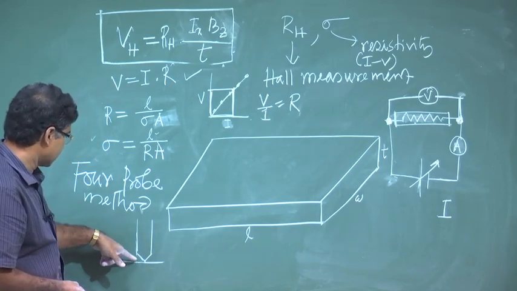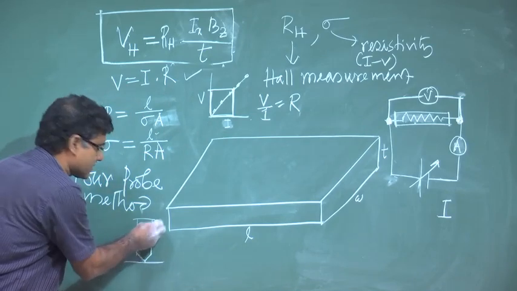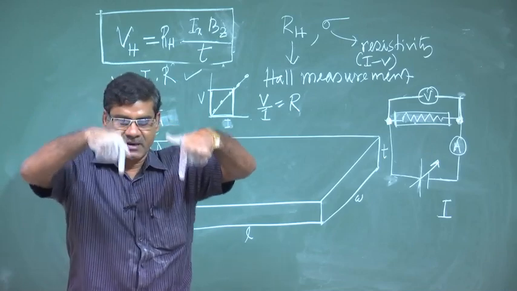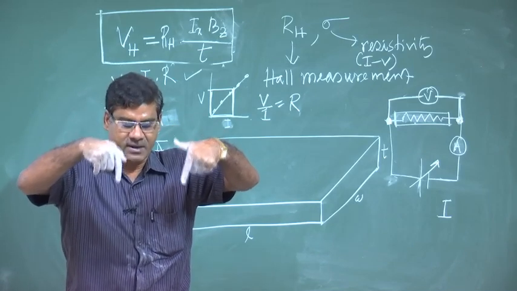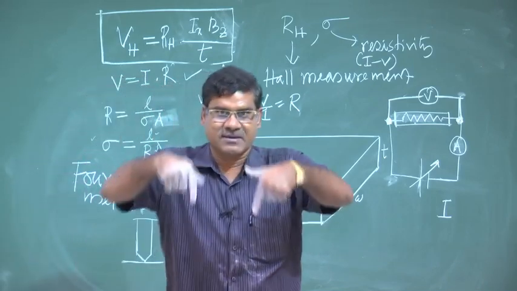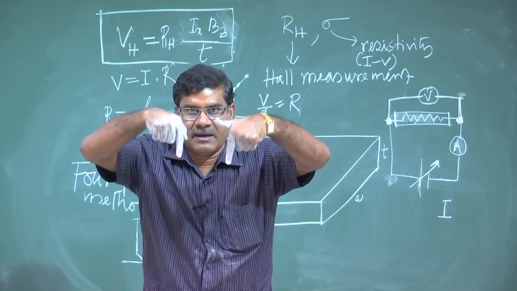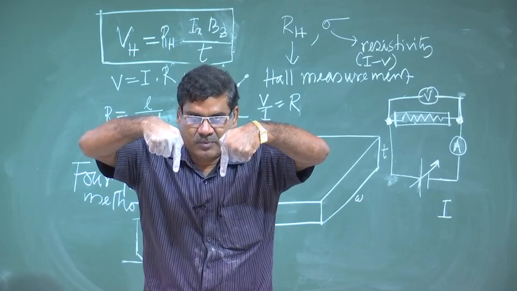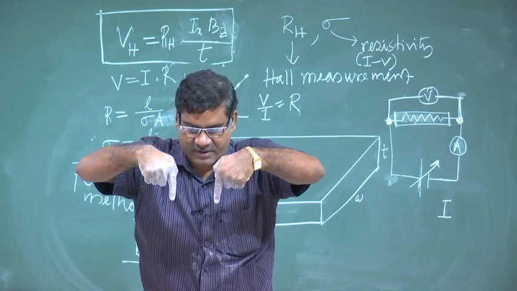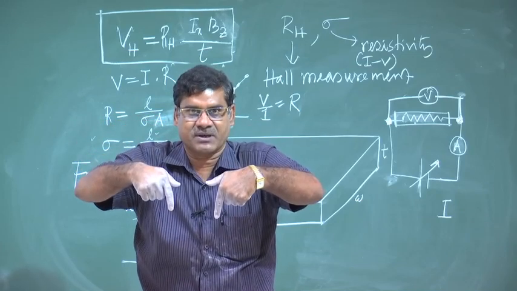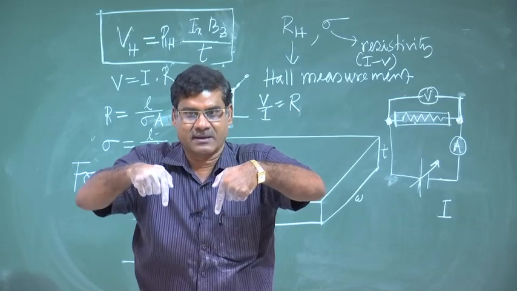For that we use a probe kind of thing, a pin. If you take 2 pins, say I have a sample, and then I put just 2 probes with some slight pressure, so that there will be good contact.